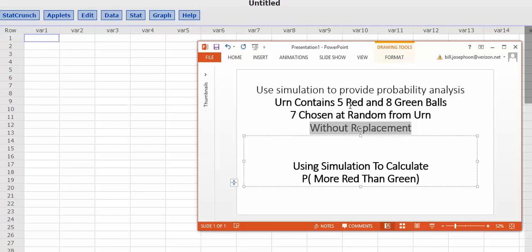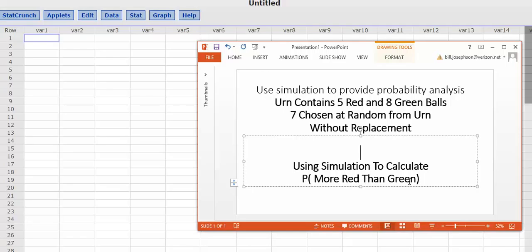Now, what we want to do is repeat this experiment. That means each time we start out with 13 balls, 5 red and 8 green, and we're going to simulate randomly selecting 7 of them and count the number of red balls. And we want to see if we can therefore estimate the probability of more red than green.